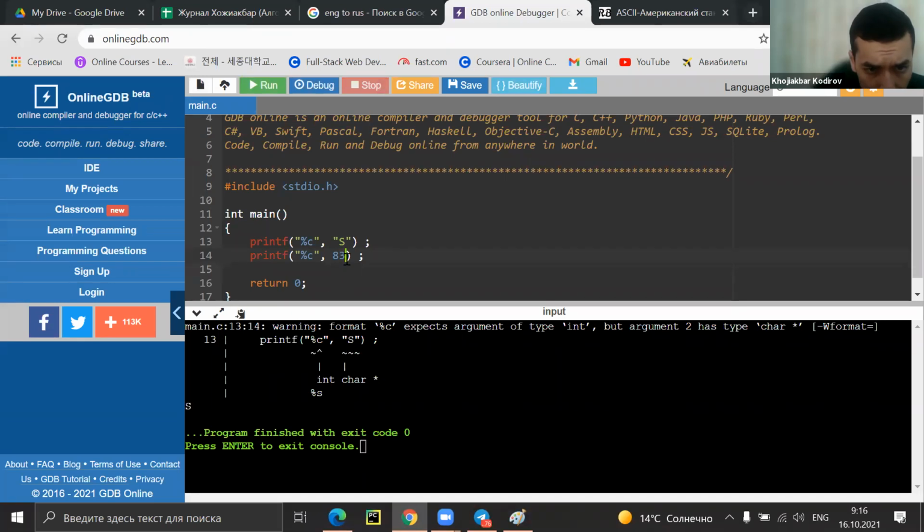Oops. So the warning says the format expects an argument of type integer, but the argument has type character.